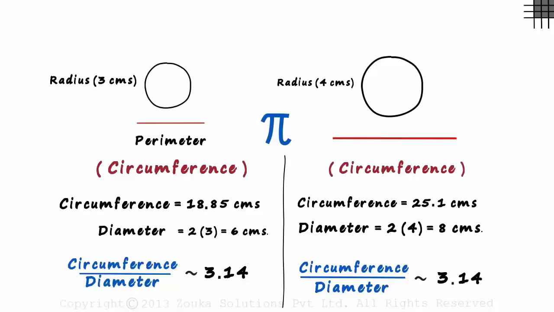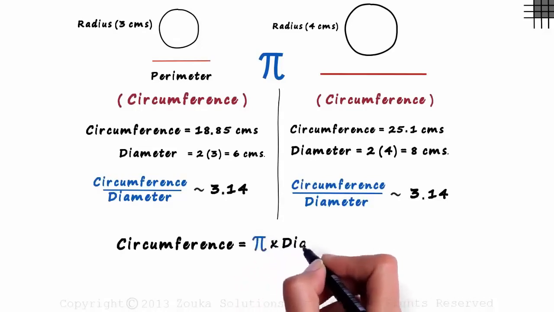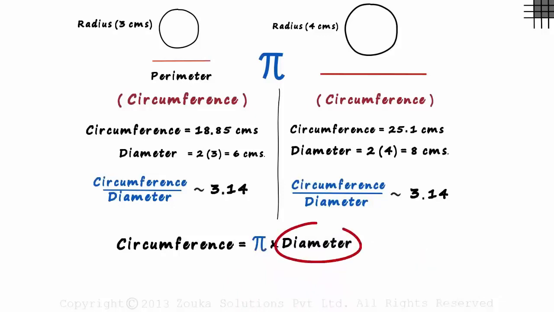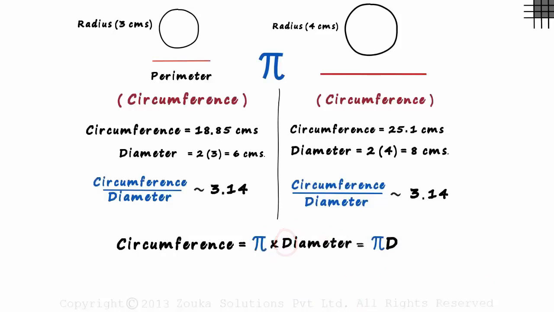Now let's zoom out and deduce a formula for the circumference. As the circumference by diameter equals pi, we can say that the circumference of a circle equals pi multiplied by the diameter. If we call the diameter d, then the formula can be written as pi multiplied by d, which can also be written as pi multiplied by 2r, because the diameter is twice the radius.